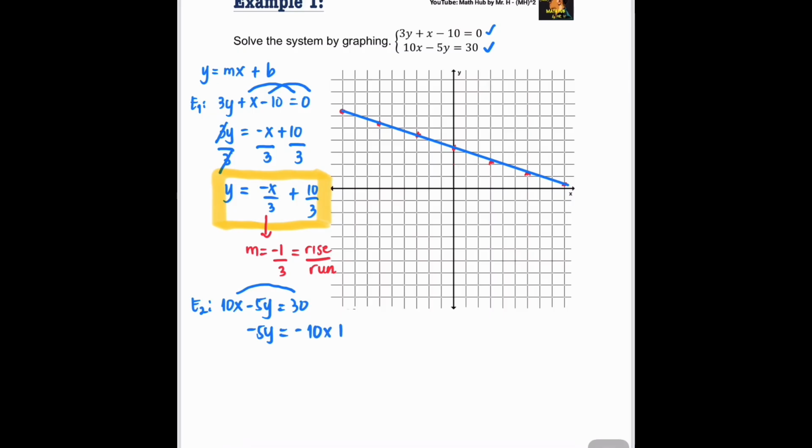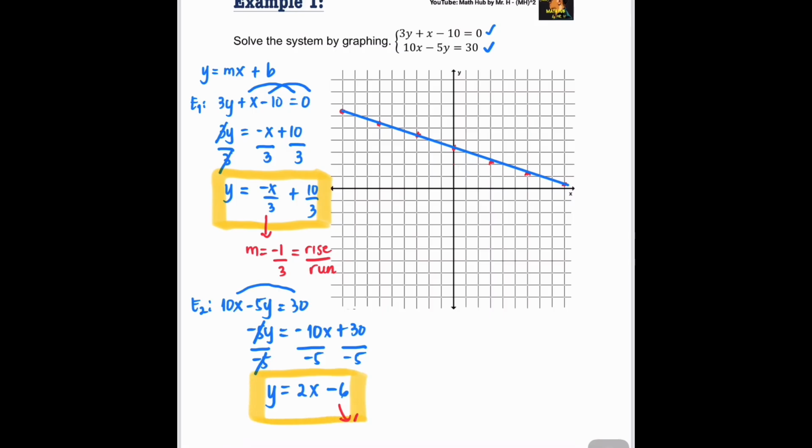And then we'll have plus 30. And we need to divide all the terms by negative 5. So this one's going to cancel out. So we'll have y equals negative 10 divided by negative 5, which is positive 2, so that's 2x. And then positive 30 divided by negative 5 is negative 6. So this is the equation that we need to graph.